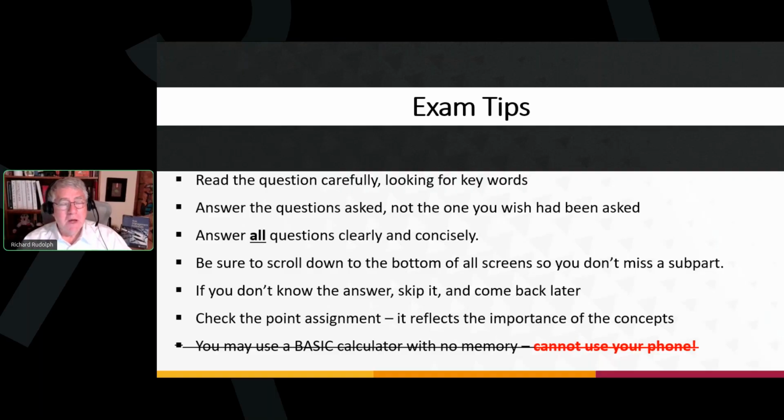Almost every little bit of knowledge on my exams is worth 2 points. So if I ask you for 3 things on a list, that's going to be a 6-point question. If I ask you only 1 thing, it's 2 points. There's nothing more important or less important. Everything is worth 2 points.